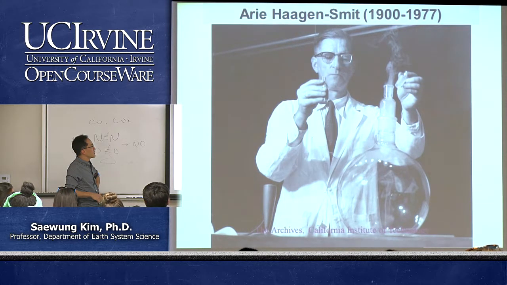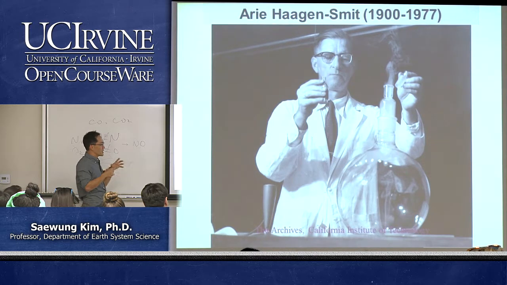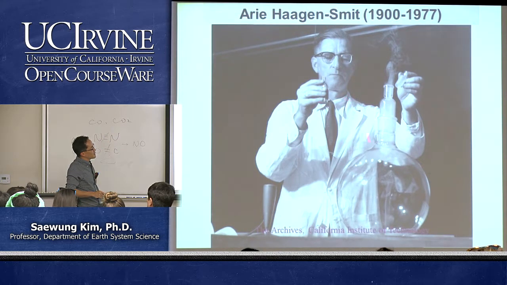He was a professor at Caltech, and he developed a lot of ideas about what caused this Los Angeles type smog in the lab at Caltech. Basically, what he was doing is putting the air pollutants in this glass jar, and then recreating the reactions going on in the atmosphere in Los Angeles at the time by putting some air pollutants in here.